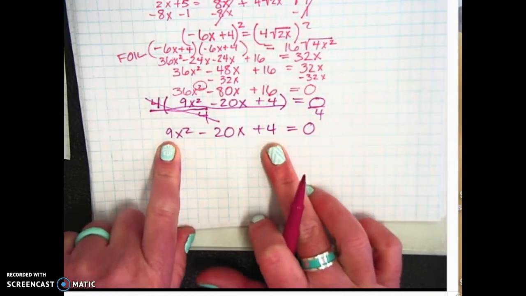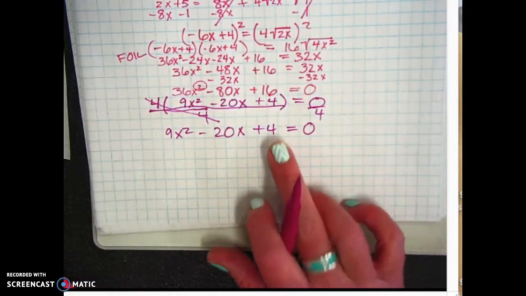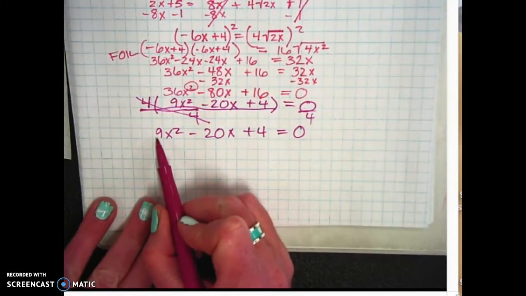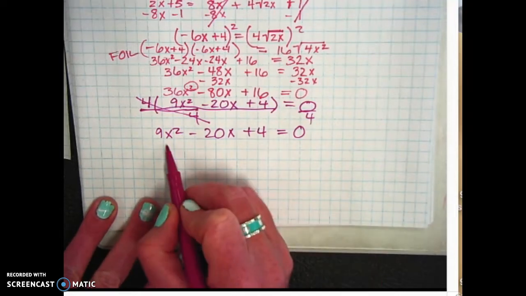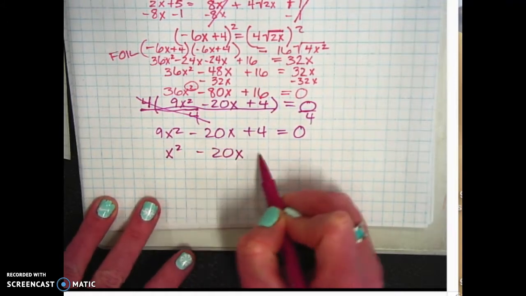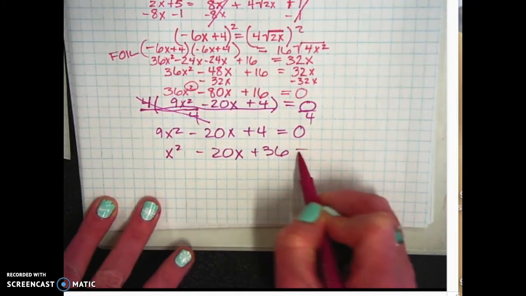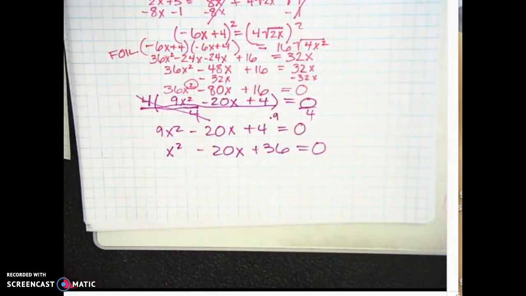So we are going to have to use the slip and slide. Okay? So we want to multiply the 9 times 4. That's going to give us x squared minus 20x plus 36. Sorry, I just like to write that there, otherwise I forget to do it.